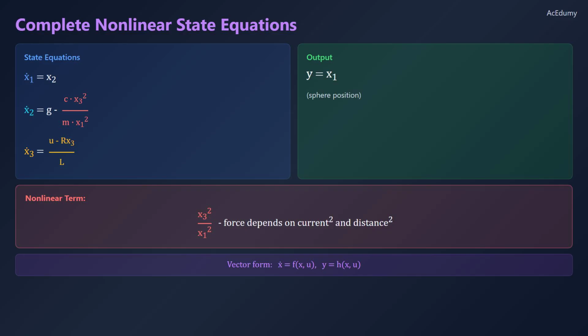The output equation is y equals x1, the sphere position. In vector form, x dot equals f of x comma u and y equals h of x comma u. The function f contains the nonlinear term x3 squared over x1 squared. This is what makes the system fundamentally nonlinear.